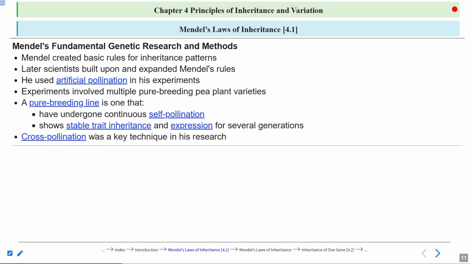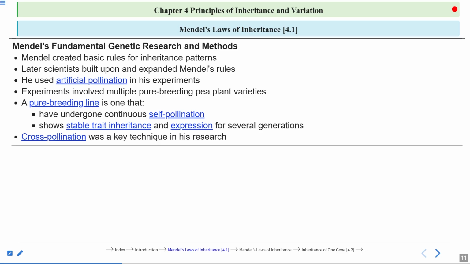Now, as we have discussed, Mendel carried out artificial pollination and cross pollination. Now we'll discuss how Mendel carried out this cross pollination or artificial pollination. I'll tell you why it's called cross pollination and artificial pollination. So what is cross pollination? When the pollen is transferred from the anther to the stigma of another flower, this is known as cross pollination.